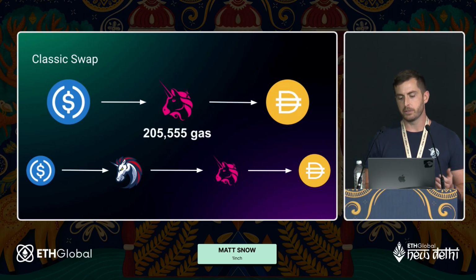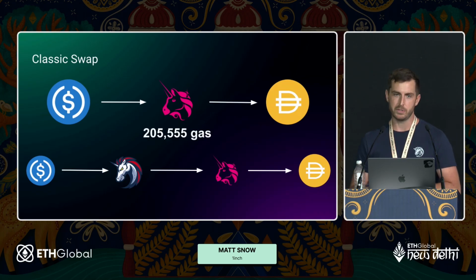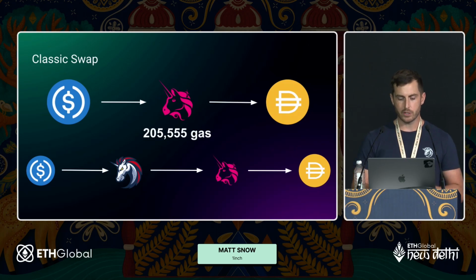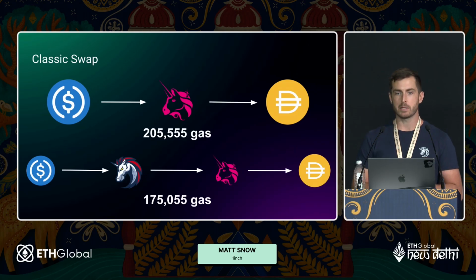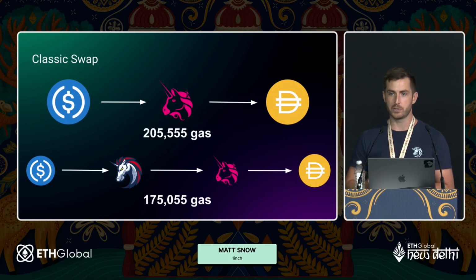So in theory, if you were to do a swap just directly through Uniswap, you'd spend hypothetically around 205,000 gas. With OneInch, we've actually optimized the Uniswap router to be more gas efficient. So if you swap through OneInch and then it ends up routing directly through Uniswap, you'll actually spend only 175,000 gas. So it's cheaper to swap through OneInch and go through Uniswap than to go swap directly through Uniswap itself.